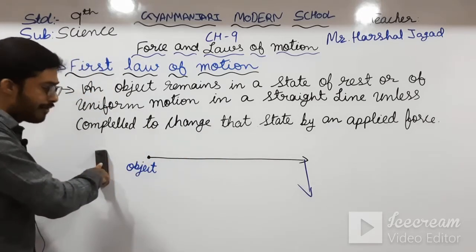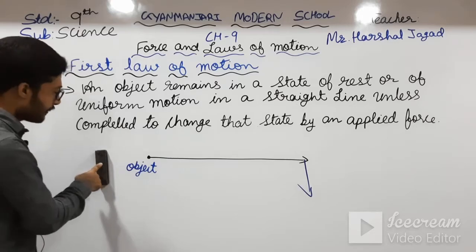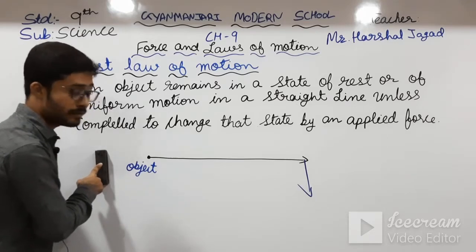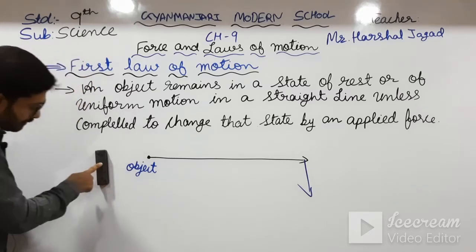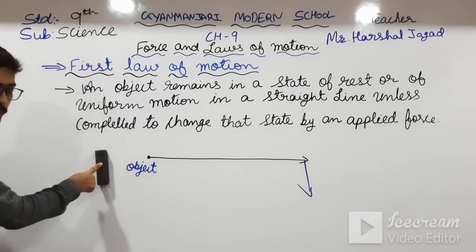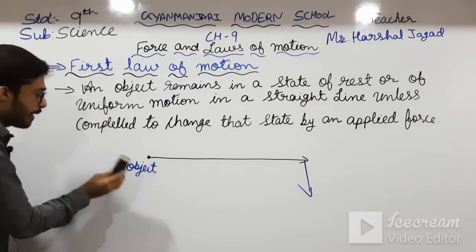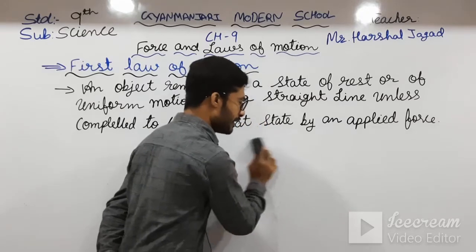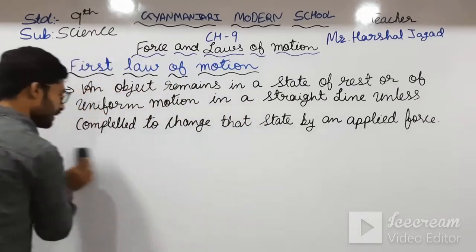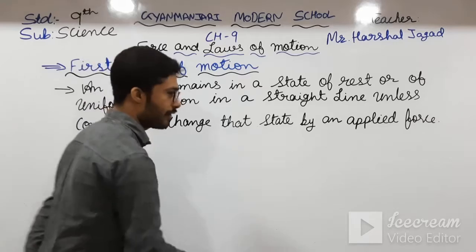Now I will tell the duster, please rub this line and the written object. Why is this duster not rubbing the board? Can anybody tell me, students? We have to apply an external or applied force on the duster so that the board can get rubbed.